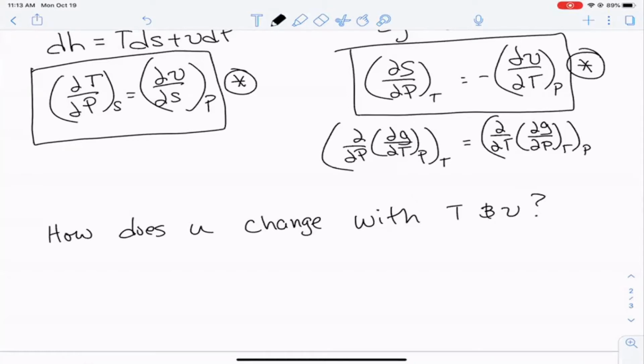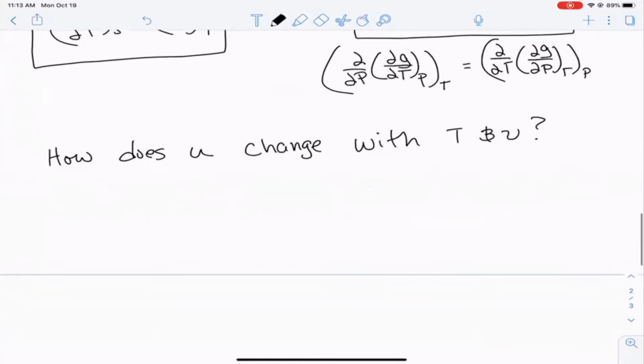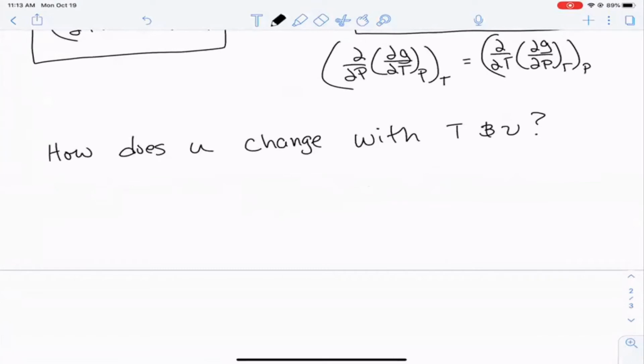Well, if you remember at the beginning of this course, we were faced with a question very similar to that, and we first wrote it mathematically. We said, okay, we have some function of temperature and volume. And if we wanted to answer this question, we could just take the total derivative.